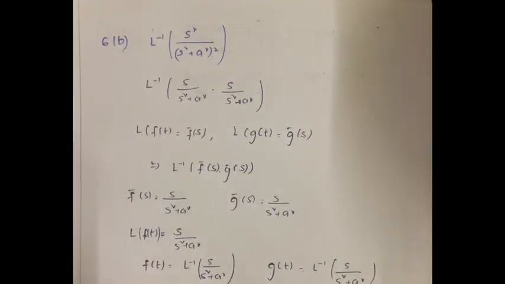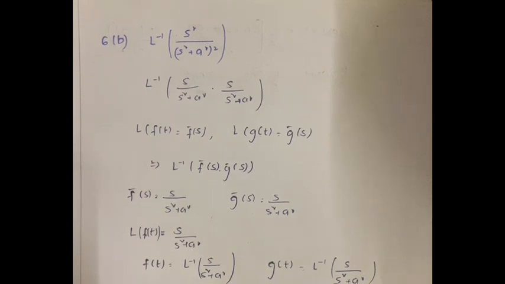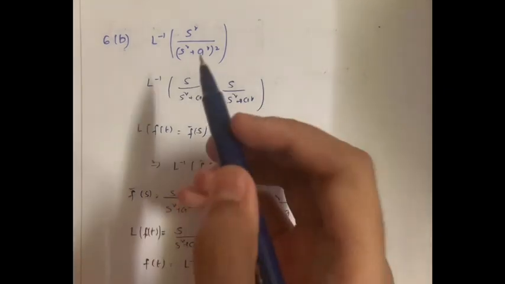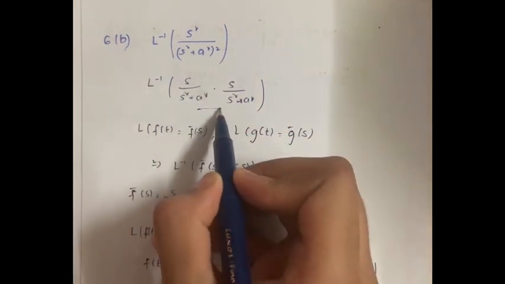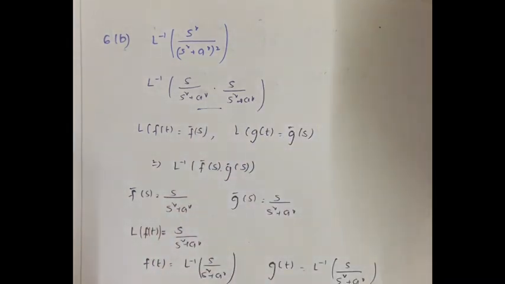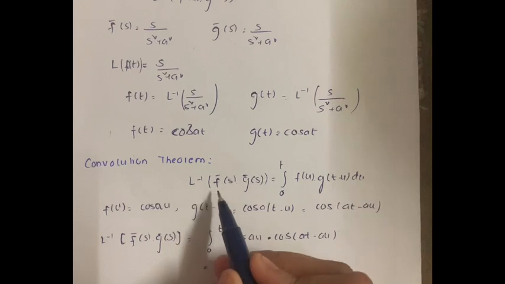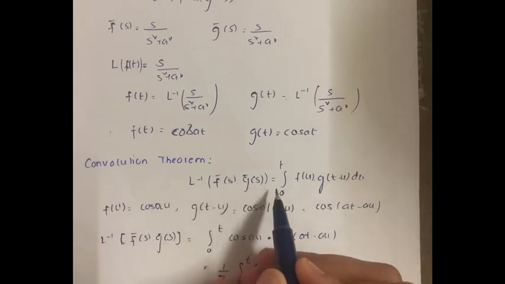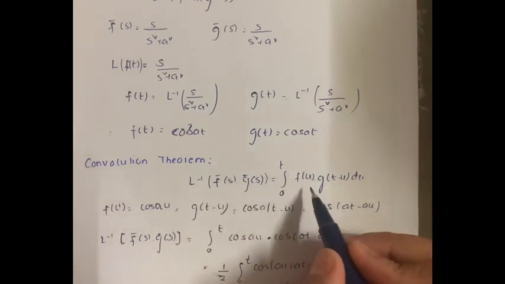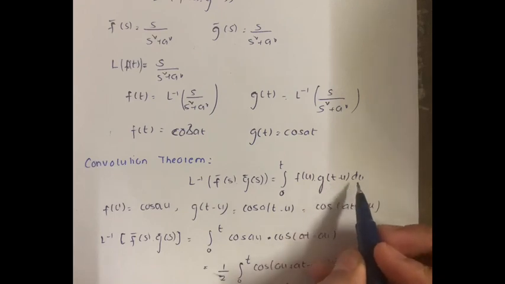For 6b, using the convolution theorem, evaluate inverse Laplace of s square by (s square plus a square) whole square. So this can be written in this form. Now, as per the convolution theorem, L inverse of F bar of s into G bar of s is equal to integration from 0 to t of f of u into g of t minus u du.